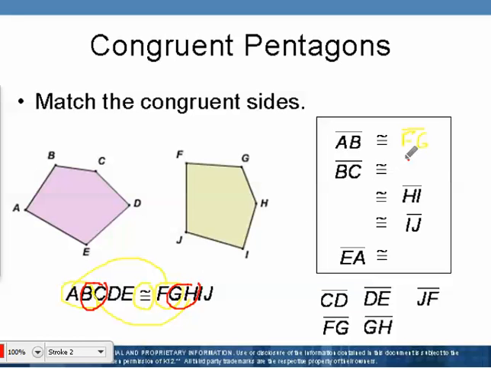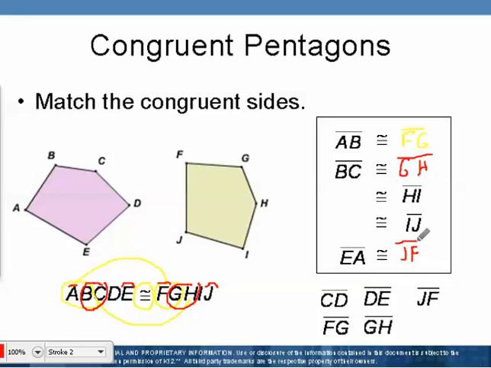That is simply taking them in the order that they are seen in the name. Okay? Well, the hardest one here is EA. It's the last one and the first one. Well, that means I'm going to use the last one here, J, and the first one, F. And that's going to be my congruent side to EA.